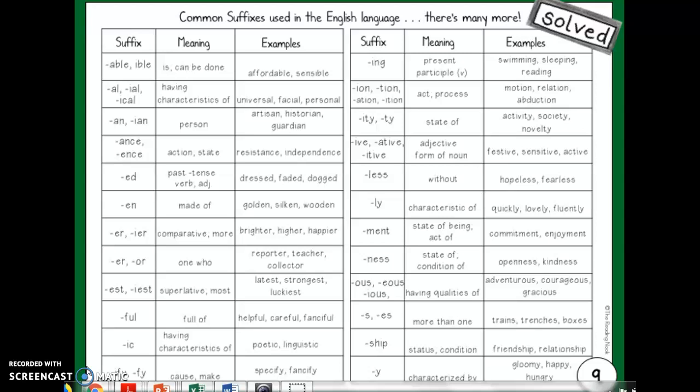As I said, this is not a complete list of suffixes, and also note on these lists there are some good examples for each of the prefixes and suffixes. So again, when we get to the part where there are some suffix worksheets, you'll want to make sure you refer back to this list to help you answer some of those questions.